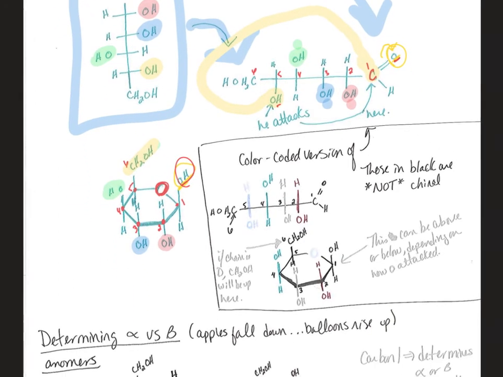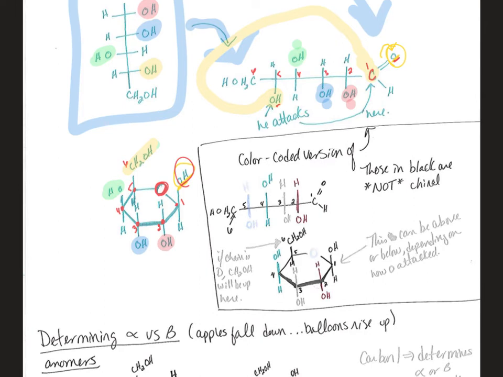Now, in the notes, I've color-coded this for you down here in a more simple version. So you should read through this and make sure that you're understanding where things come from, okay? But essentially what's happening here is that a sugar is going from a Fischer projection to a Haworth projection.